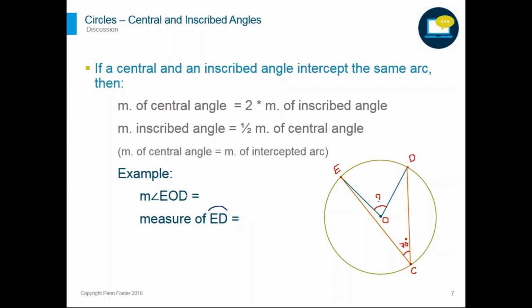So the question is asking us, find the measure of this angle, which is a central angle. Given in the question, the measure of the inscribed angle that subtends, or intercepts, the same arc. ED is the arc that both these angles intercept. So according to the rules that we have up there, what would be the measure of angle EOD? Remember, the central angle measures more.